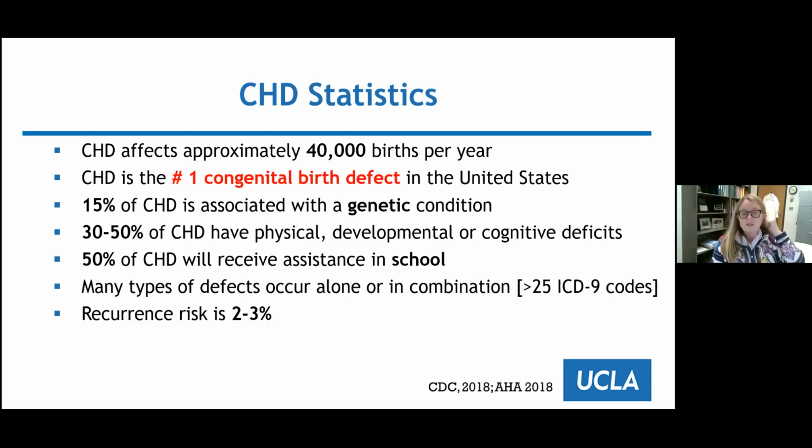The recurrence risk is about 2 to 3%, but that may vary depending on the type of defect the person has, whether they're a little bit higher than normal. But I get this asked all the time, what are my chances of having another child with congenital heart disease?